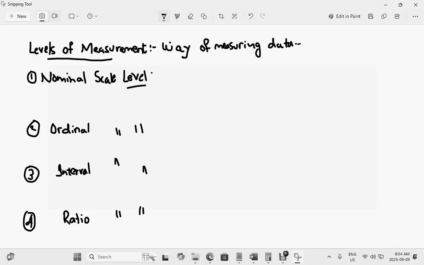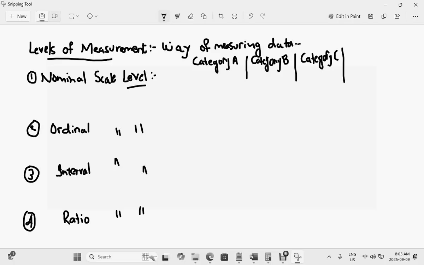Now, when we talk about nominal scale level, we're talking about qualitative data or information. And this is usually organized in categories. So you have category A, you have category B, you have category C, so on and so forth.